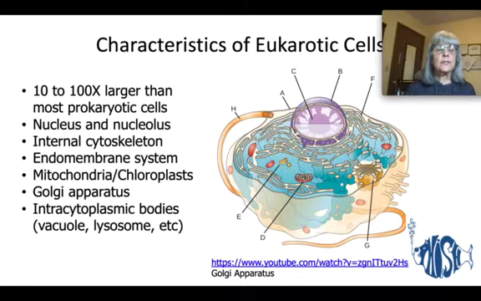You will have cell organelles, mitochondria, and chloroplasts, which I will talk about in a minute. Very, very interesting about them. And you may have some intracytoplasmic bodies, unlike the granules in prokaryotes. In this case, those inclusion bodies will be vacuoles and lysosomes.